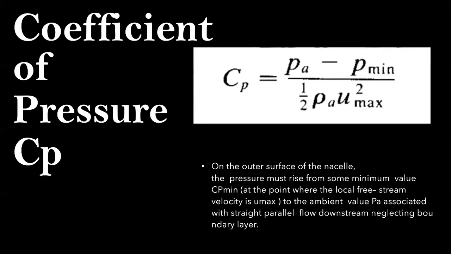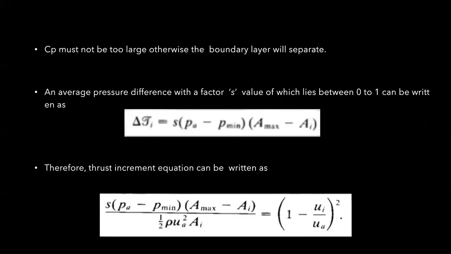Upon neglecting the boundary layer, the Cp must rise from the minimum value subsequently. And Cp must not be too large, otherwise the boundary layer will separate. If Cp is much larger, then the boundary layer will be greater and it will separate from the boundary.